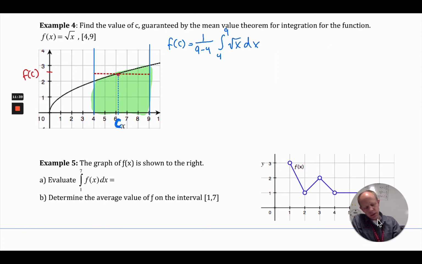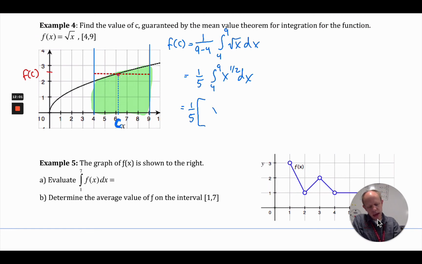All right, so we're going to simplify this. 1 over 9 minus 4 is 1/5. And then I am going to rewrite this as x to the 1/2 before we take its antiderivative. We're going to apply the fundamental theorem of calculus. So again, that's going to be raise the power by 1 and divide by that new power.